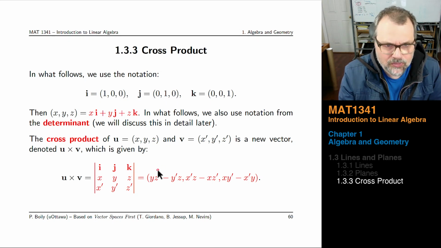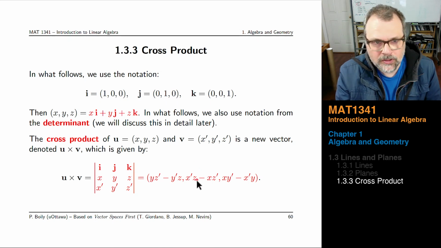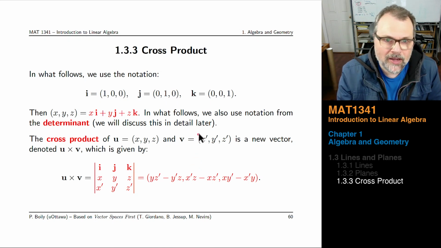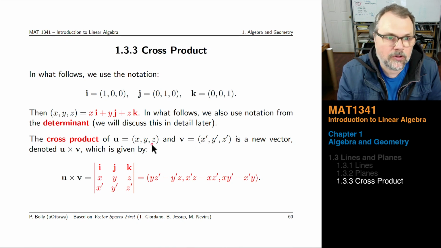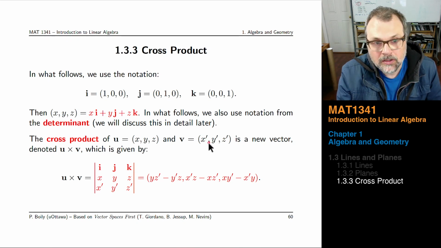So yz prime minus y prime z. And then for the second component, you use x prime, the first component of the second vector, times the third component of the first vector, minus the first component of the first vector times the third component of the second vector. That's the second little bit.